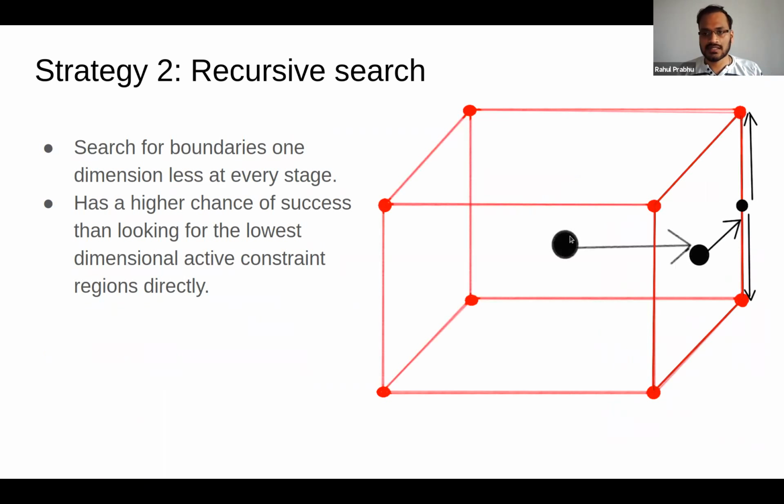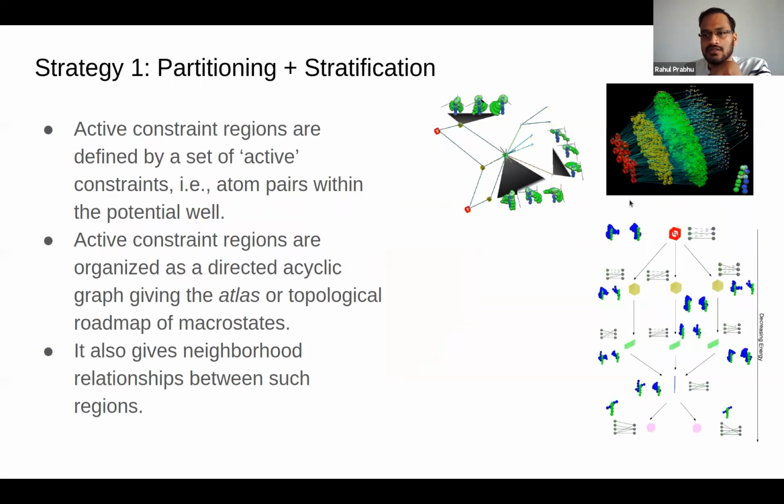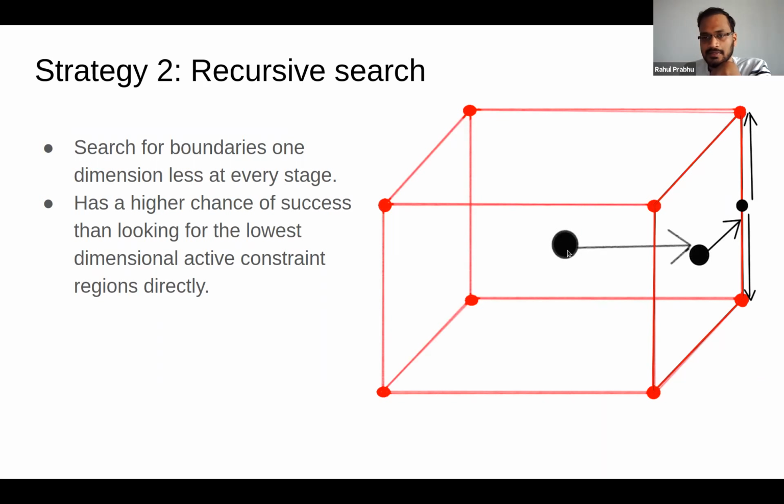So what I do is, this is a 3D analogy for what we're doing. We start at the center of this cube and we shoot rays to find a lower dimensional boundary that is just 1 dimension lower. So for example, if I started with a 4-dimensional active constraint region and I shoot rays, I'm only looking for 3-dimensional active constraint regions. So in this cube example, I shoot rays everywhere, and it's much more likely that I'll hit a face than directly hit a corner.